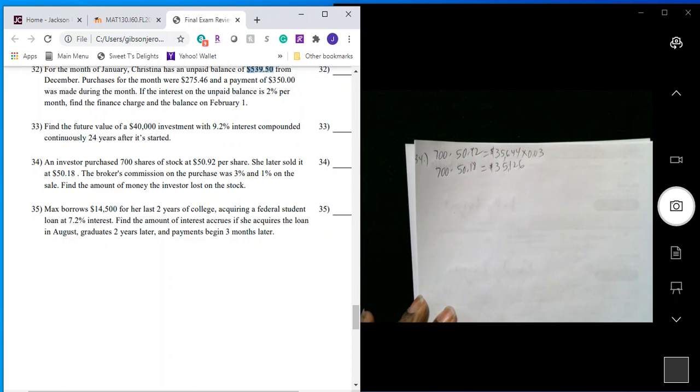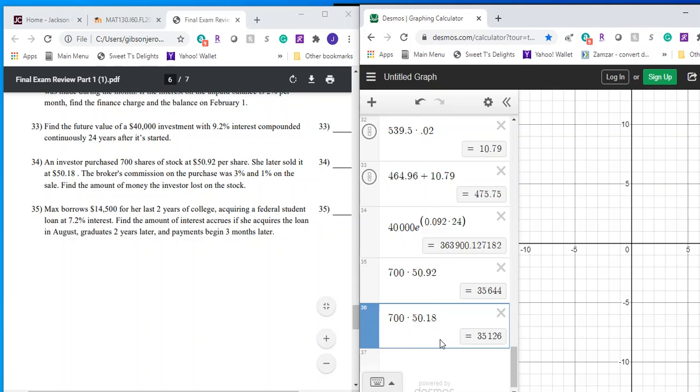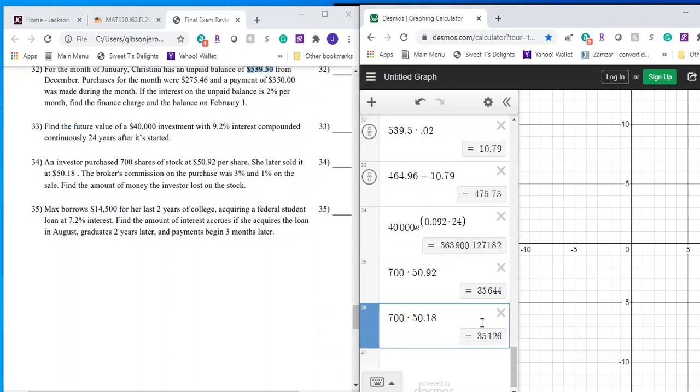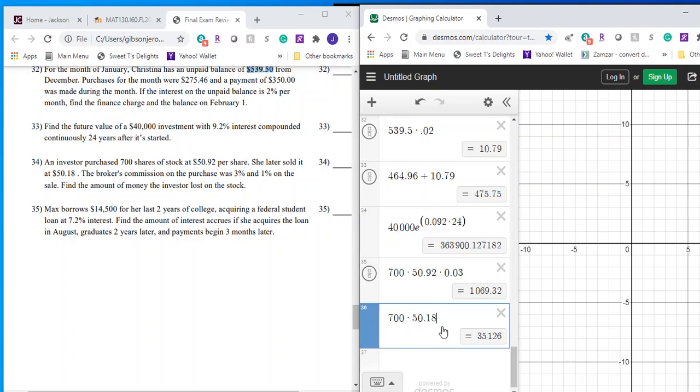Let's take our calculator. And we can multiply that. We could go back up here and multiply it by 0.03. And that'll give us $1,069.32.